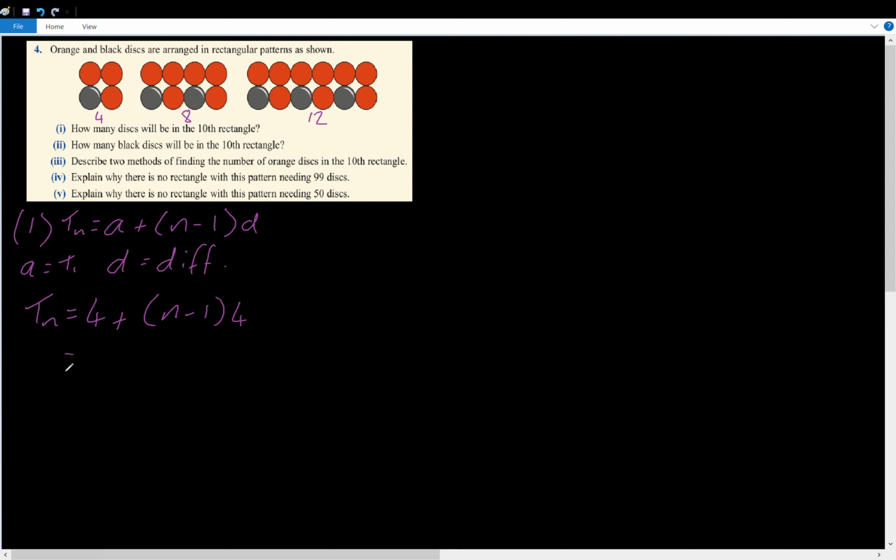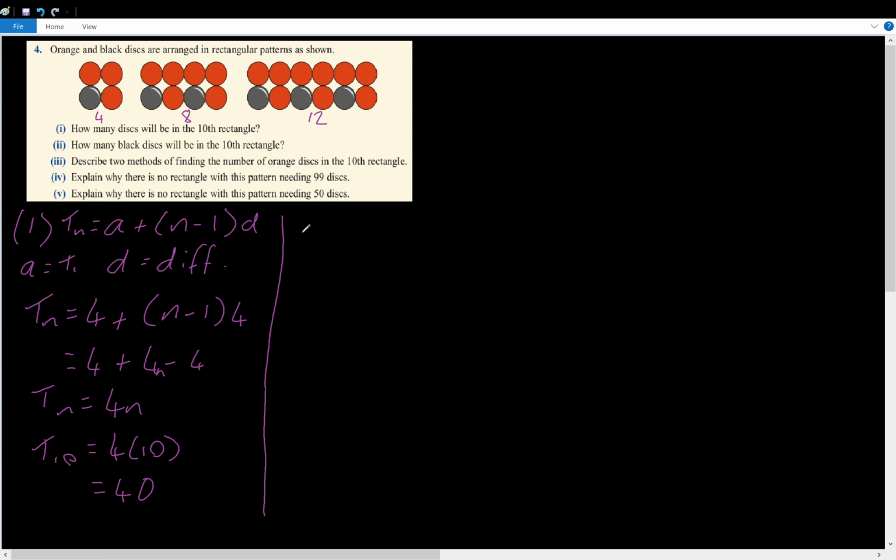If we multiply the brackets, we get 4n minus 4, which means in this case Tn is just equal to 4n, because the 4 and the minus 4 cancel each other out. So that's the general term. If we want to see how many discs will be in the 10th rectangle, then what we're being asked to find is T10. And that's going to be equal to 4 by 10, which is equal to 40. So there will be 40 discs in the 10th rectangle.